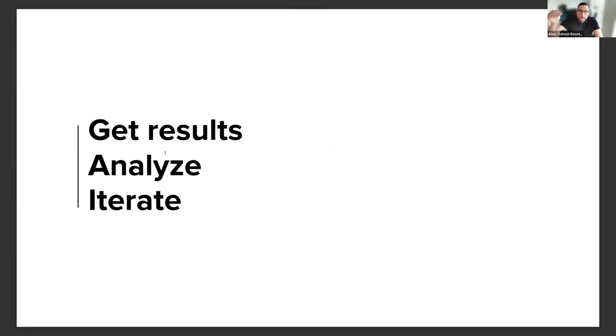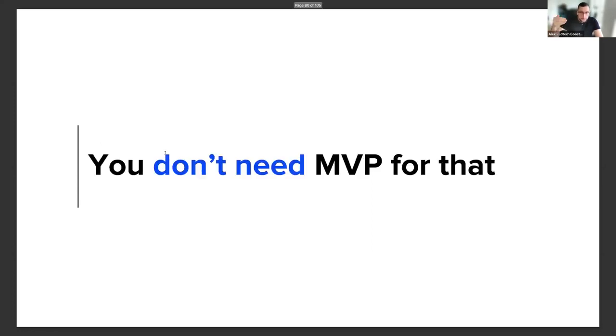Then you get results, you analyze them, and you iterate to make it better. One important thing: you don't even need an MVP for that. To get first metrics, you do not need an MVP. To me, MVP is not about the product. To me, MVP is the CAC LTV ratio.